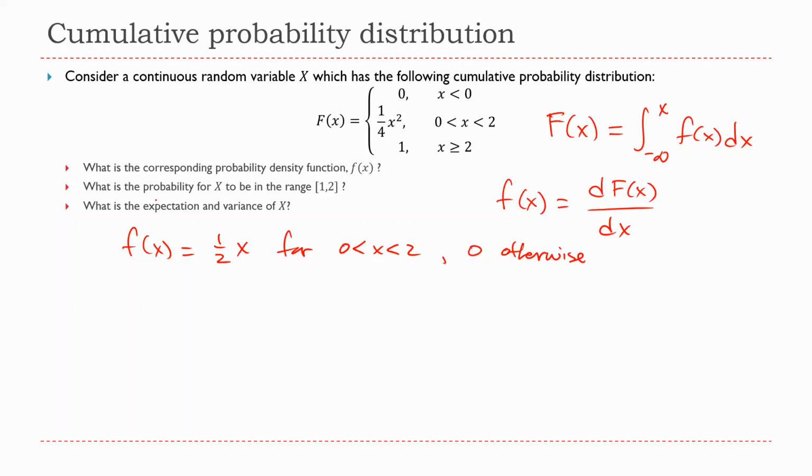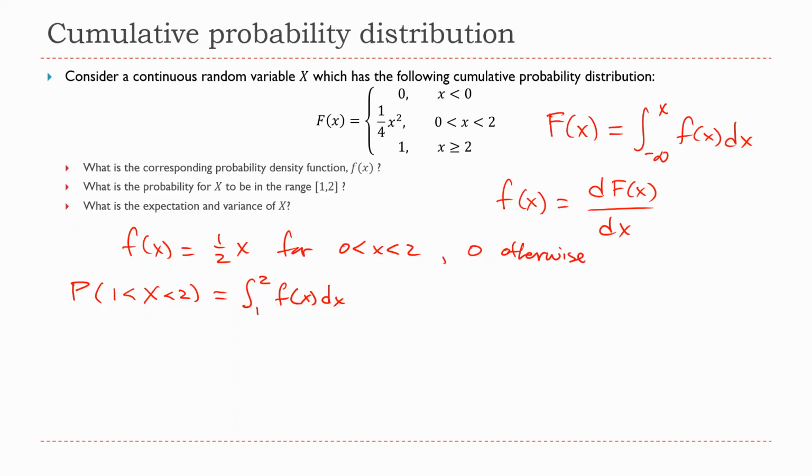So next we're asked, what is the probability for x to be in the range from 1 to 2? Well, if we know the probability density, we could work it out from there. So working out the probability for the random variable to be within the range from 1 to 2 would just be the integral of the probability density function between those two limits.